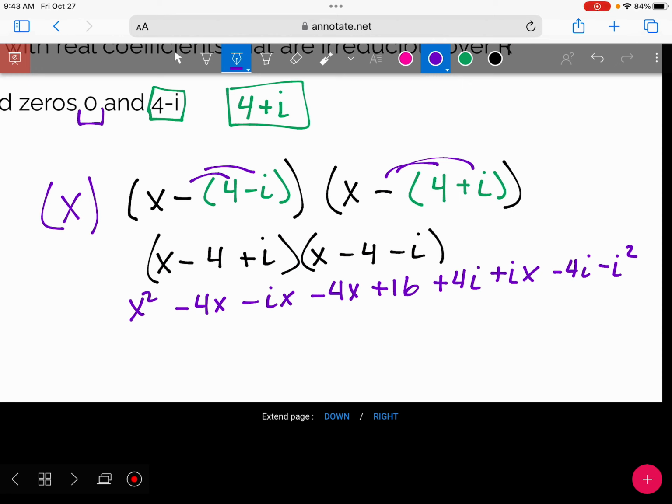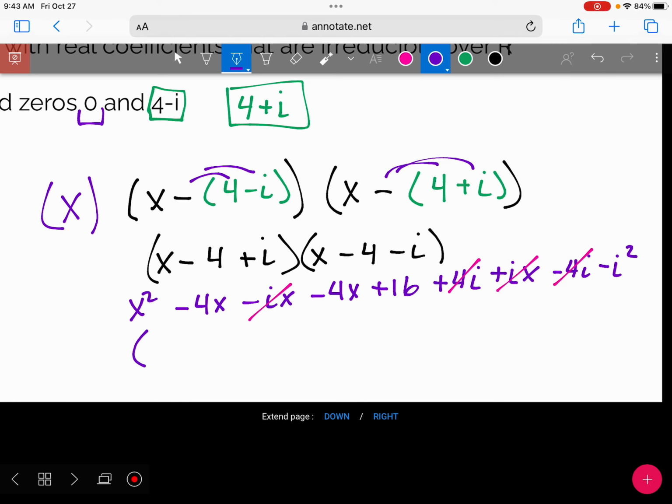Oh, we love it. I'm on a level line again. And we have a lot of pieces that cancel out: my 4i and my minus 4i, my ix and my minus ix.